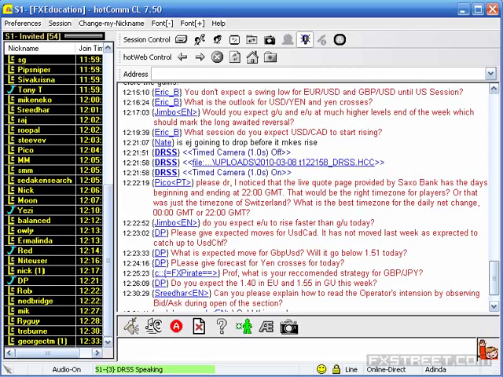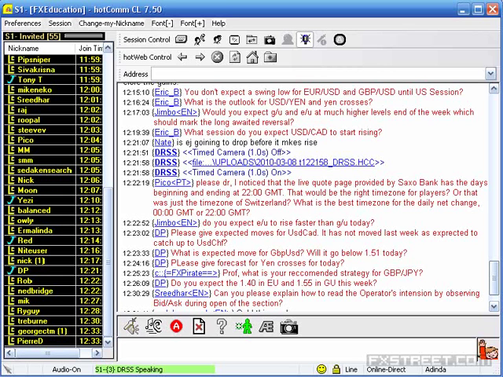Then Pico, I noticed that the live code page provided by Saxo Bank has the day beginning and ending as 22. Yeah, the official session gets over by 22. The market is 24 hours. It is a continuous move and the day is demarcated like this: 0030 to 2200.